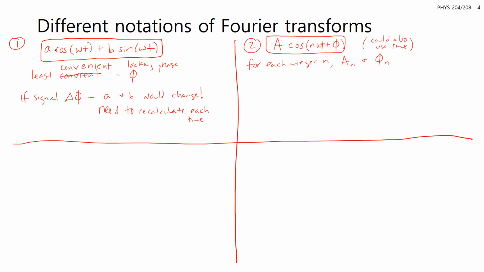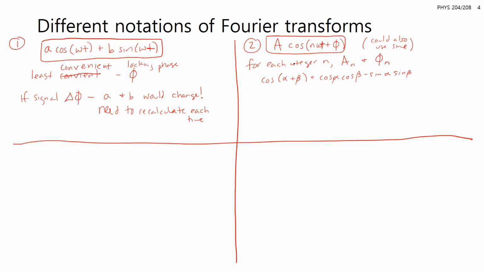If we want to go from our first notation to our second notation, we're going to use some trig concepts and a trig identity to switch between those two. The identity is that cosine of alpha plus beta is equivalent to cosine alpha times cosine beta minus sine alpha times sine beta.